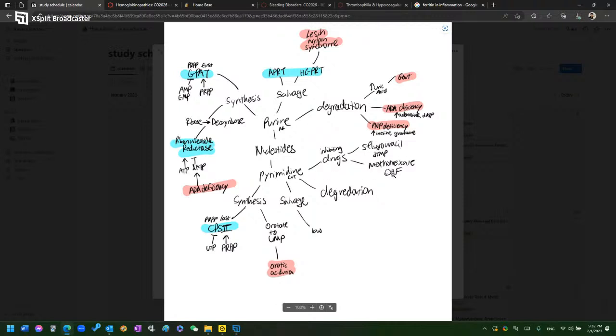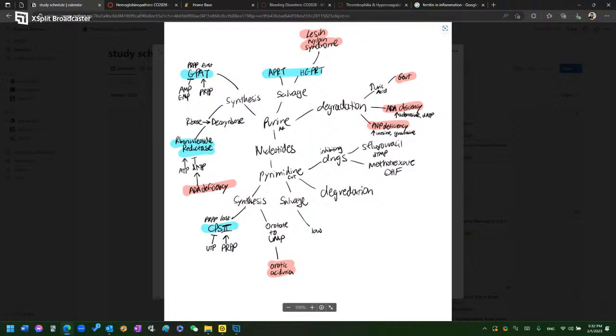We'll talk about methotrexate a little bit later, I think, and 5-fluorouracil. But problems in the creation of these will result in diseases, pretty obviously.